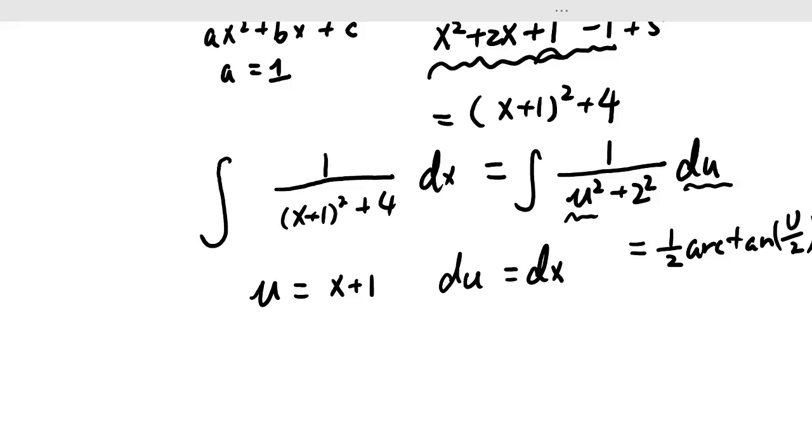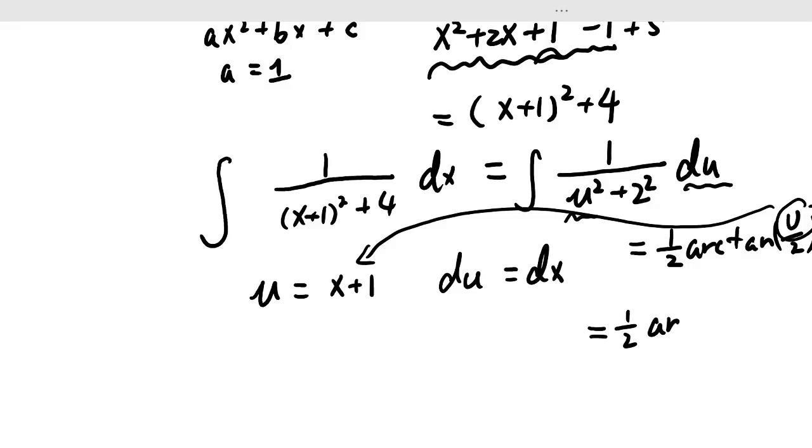Because our u is x plus 1, we have to substitute back to our original x. That's going to be arctangent of x plus 1 over 2 plus c.